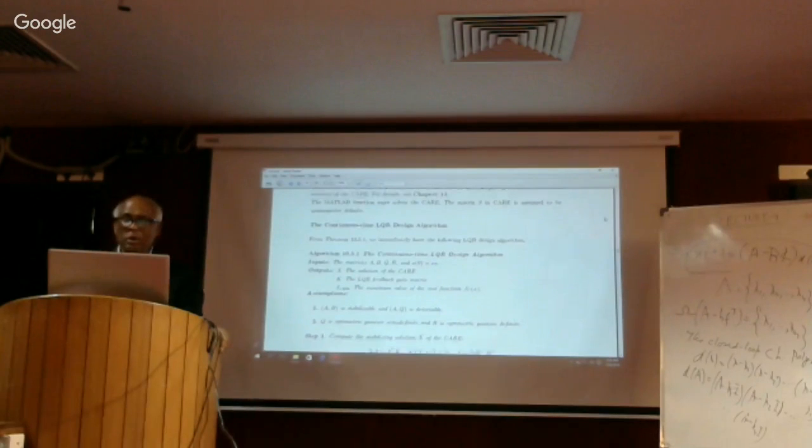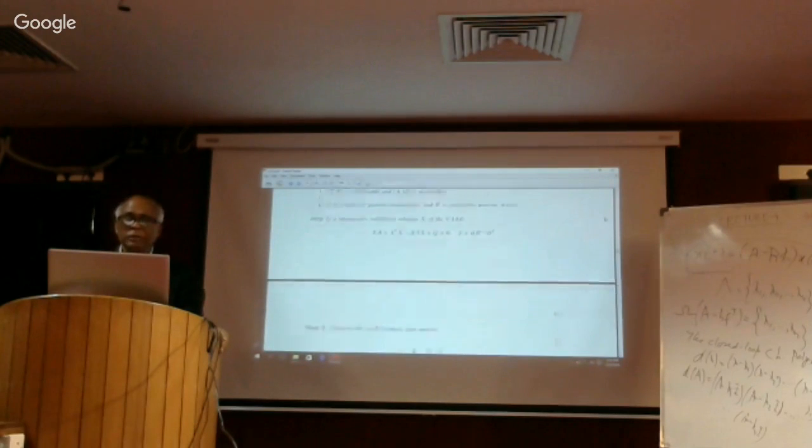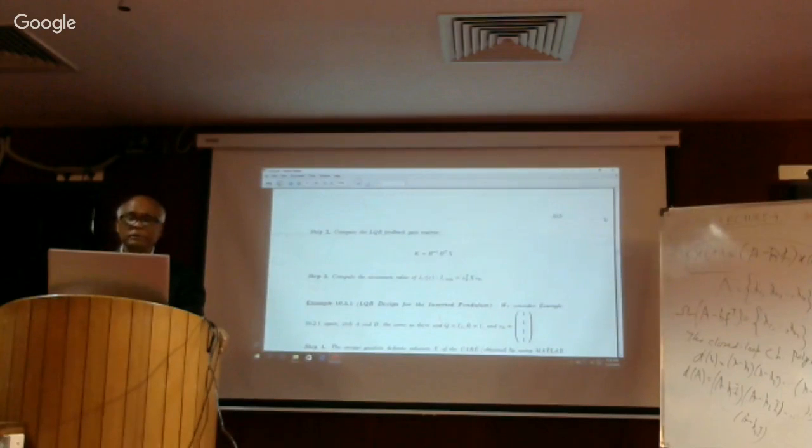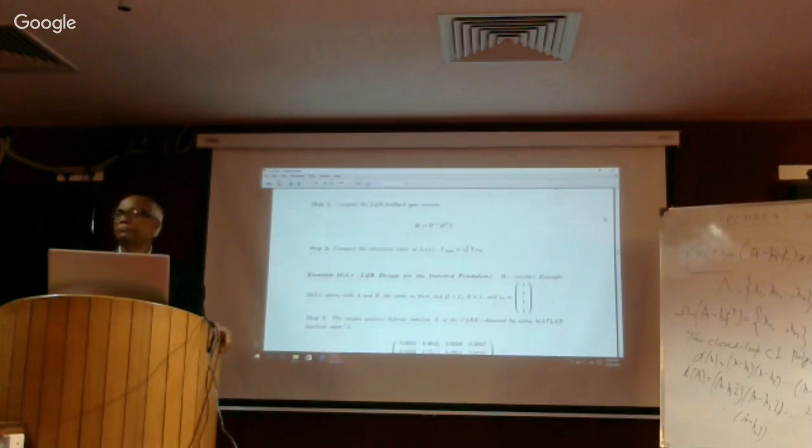I'll do the comparison here with the inverted pendulum problem. We already solved that problem using the Lyapunov matrix equation. Let's try to solve the same problem here using the Riccati equation and see what happens.